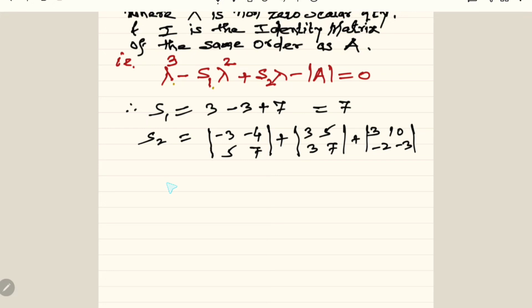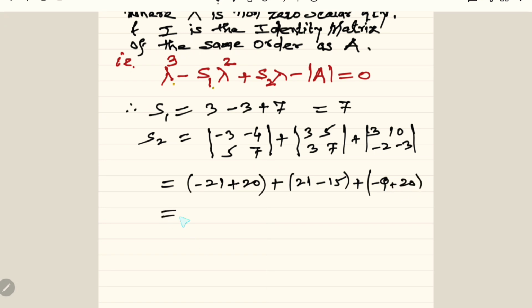Then evaluating this determinant, we get -3 into 7, -21, minus minus becomes plus, 5 4s are 20, plus again 3 7s are 21, minus 15, 5 3s are 15, then plus -9, and minus becomes plus, 10 2s are 20.